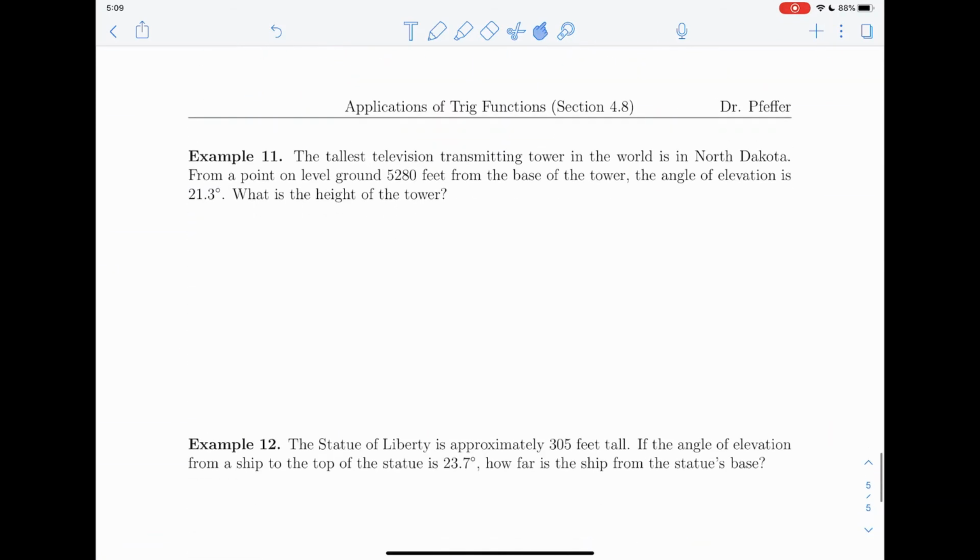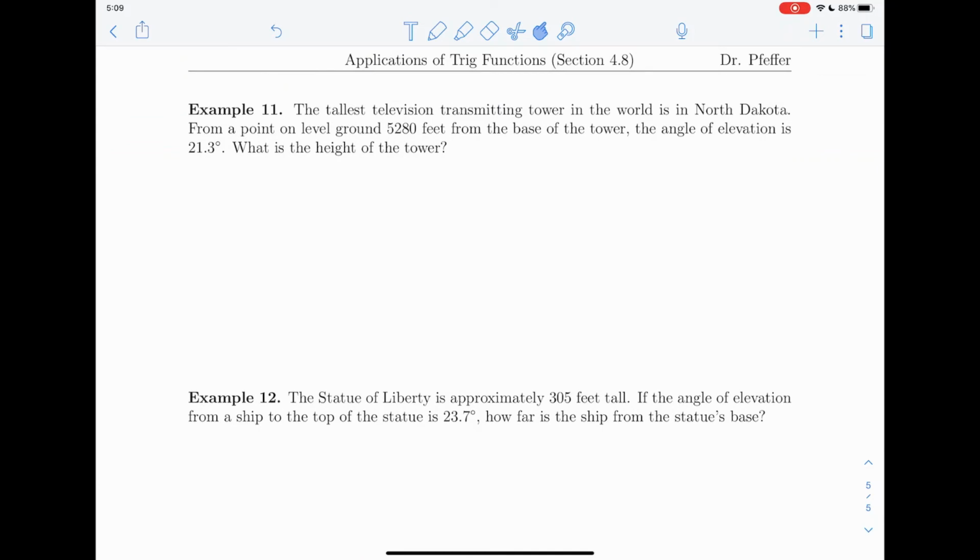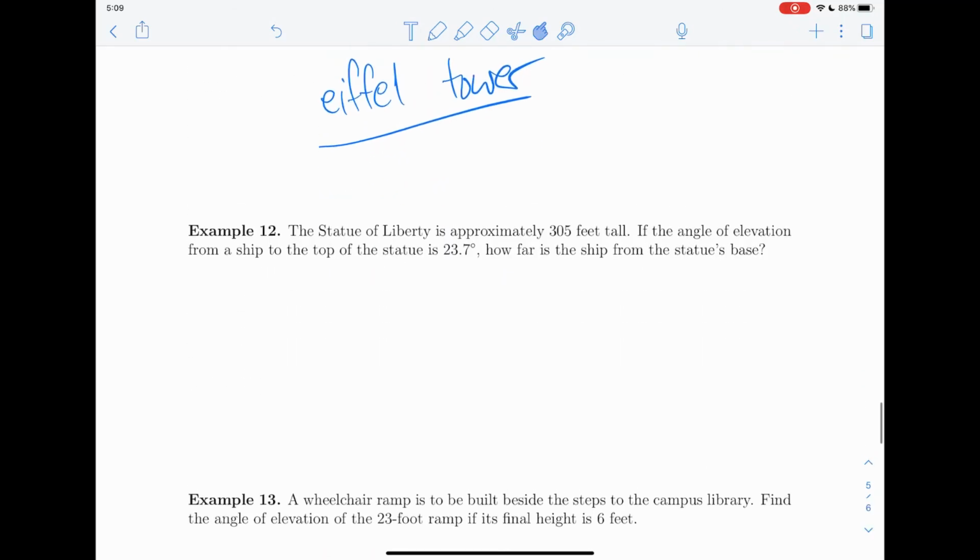Now, the last page we have here is basically more practice. The first question involves a television transmitting question on angles of elevation, and this is a lot like the Eiffel Tower problem. This next question involves the Statue of Liberty, and we have an angle of elevation from the ship to the top of the statue.